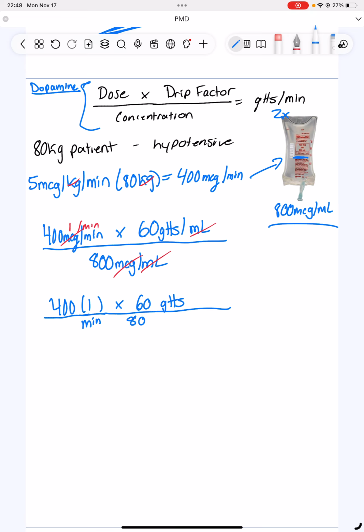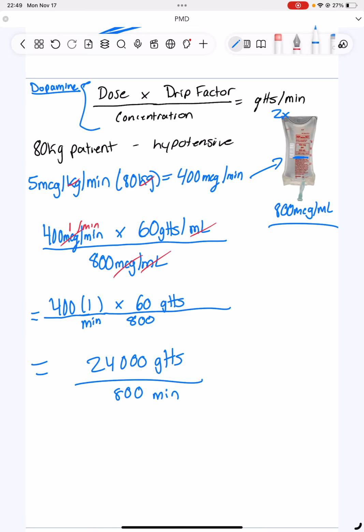And then we have 800 left down here as well. So that's going to simplify to 400 times 1 times 60 will be 24,000 drops over 800 min.